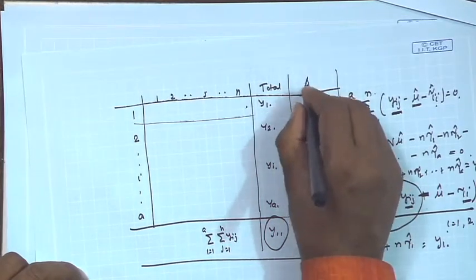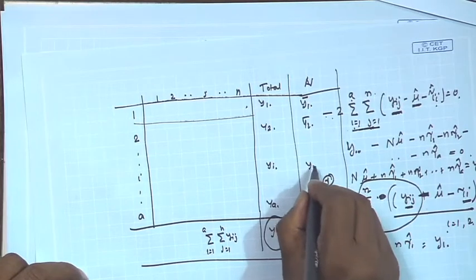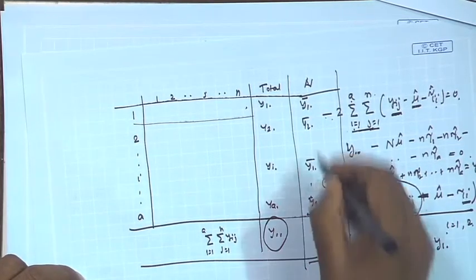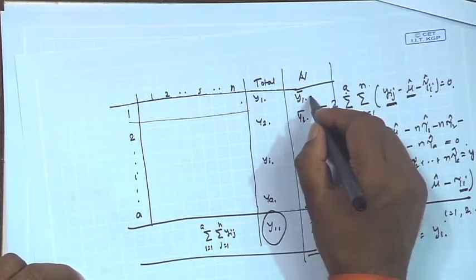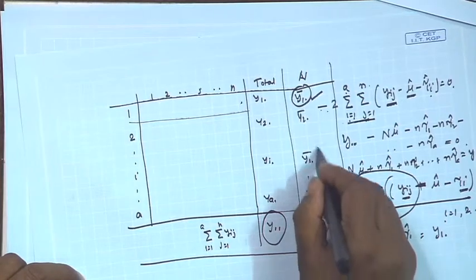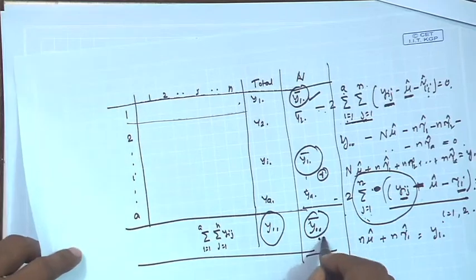This is y 1 dot average, y 2 dot average, y i dot average, like y a dot average. Then we say the effect of the first level is this average minus this average, and the effect of the ith level is y i average minus the grand average.